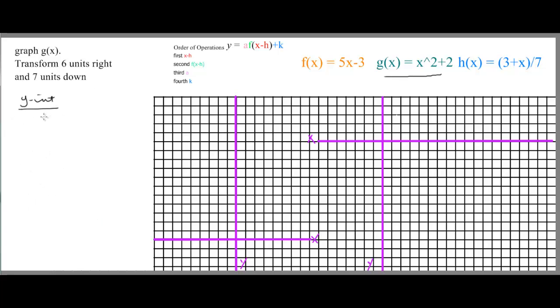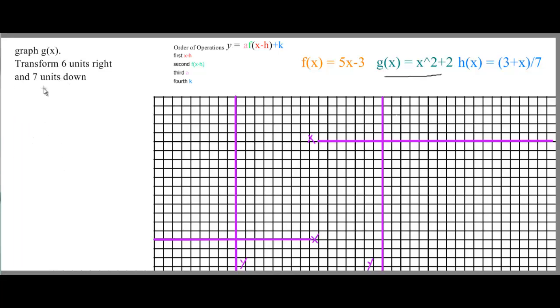To find our y-intercept, we replace x with 0. Remember, we're working with g of x over here. So 0 squared plus 2 is 2. So our y-intercept is this point right here.